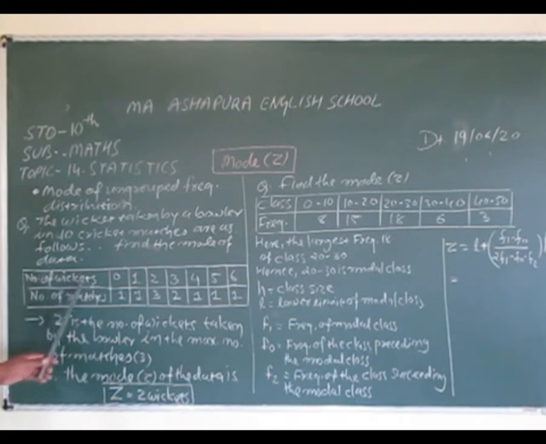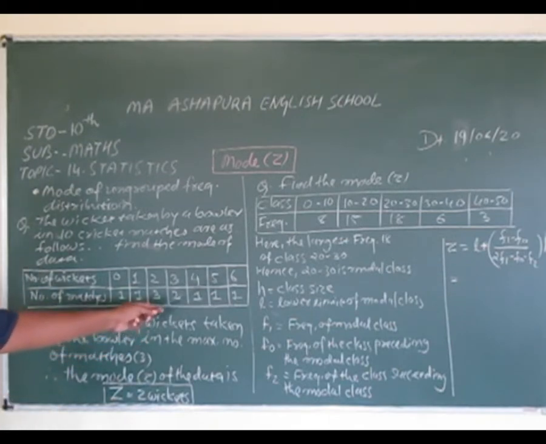Number of wickets sequentially 0, 1, 2, 3, 4, 5 and 6. Related number of matches: 0 wickets in 1 match, 1 wicket in 1 match, 2 wickets in 3 matches, 3 wickets in 2 matches, 4 wickets in 1 match, 5 wickets in 1 match and 6 wickets in 1 match.